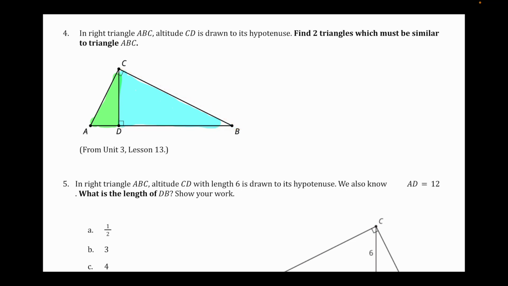So if we're naming this, this is going to be C, B, D. Actually, I'll say triangle ABC is similar to CBD, which is also going to be similar to my third triangle, and that's the green one. So we're going to start by going along the hypotenuse from A to C, and then down the long leg to D. So A, C, D is the third one.